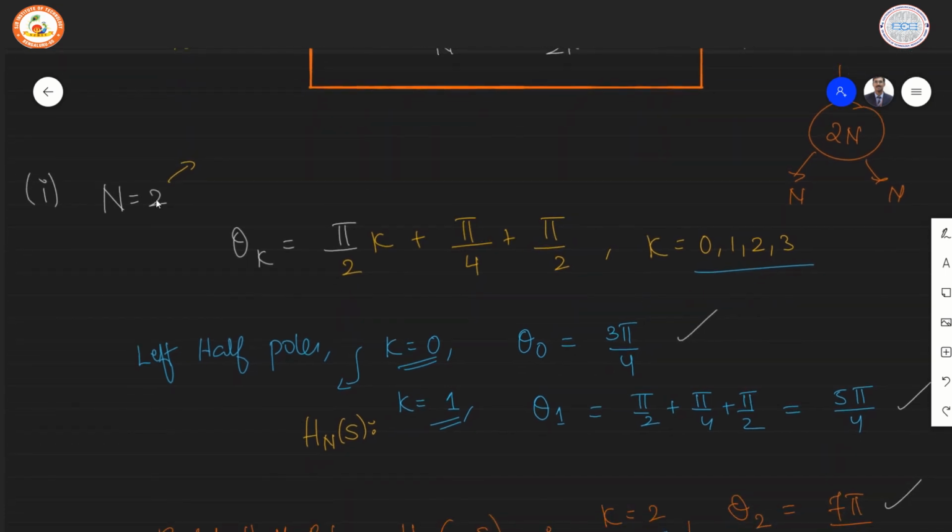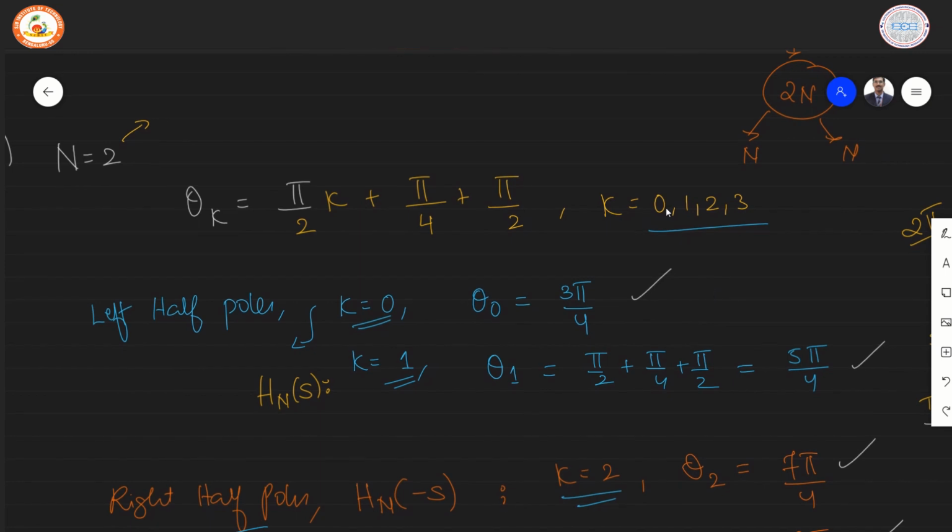For order 2, the expression theta k has to be solved for k values from 0 to 3, because in total we'll have 4 poles. When you substitute k equal to 0, we end up with theta 0, which is equal to 3 pi by 4.